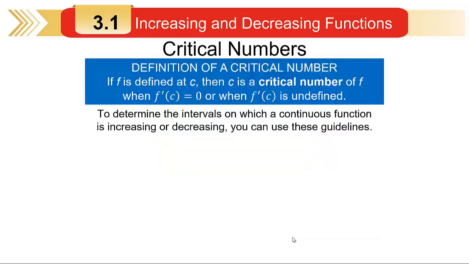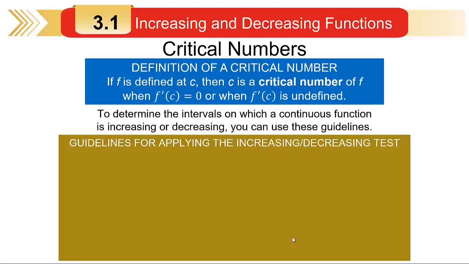And we're going to be taking various functions and finding intervals where the function is increasing or decreasing. So I want to lay out a set of guidelines that's going to help you do that in an effective and efficient way. So here are those guidelines, and you need to practice them because you're going to be using them a lot.